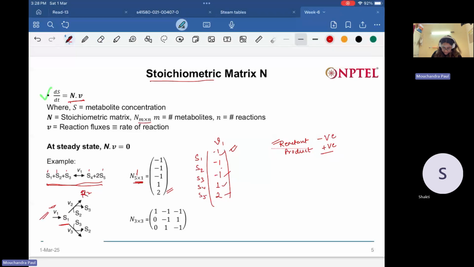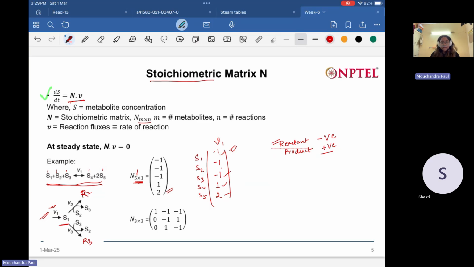So as I was saying, S1 can either participate in reaction 2 with reaction rate V2, or it can participate in reaction 3 in this particular scheme. And in either of these reactions, two metabolites S2 and S3 are either getting formed or getting consumed.